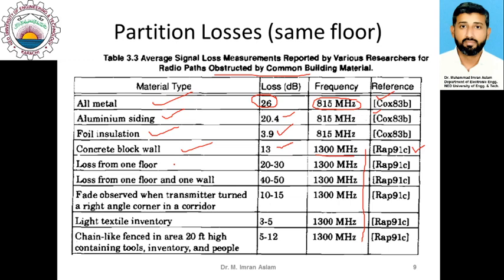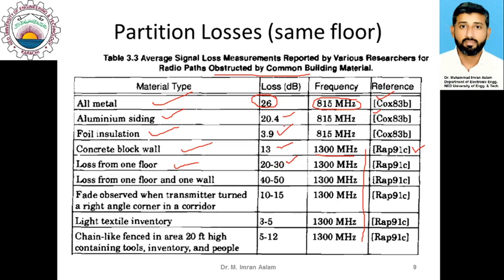Whenever a signal propagates from one floor to another floor through a concrete roof, you get a loss of around 20 to 30 dB. Similarly, if a signal propagates from one floor to another and also crosses a wall, so it's two different obstructions, one wall and one floor, the loss is around 40 to 50 dB, and so on.